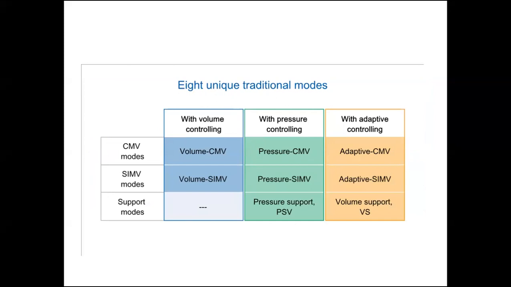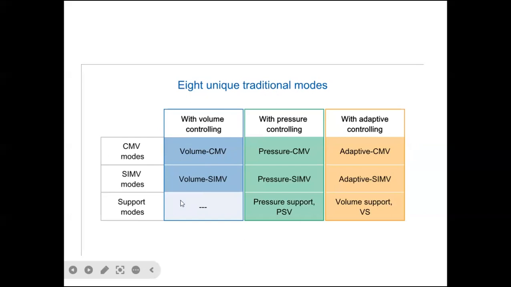Based on this, you label the modes. When you are controlling volume, you put in the CMV mode, it is volume CMV. When you put in SIMV mode, it is volume SIMV. When you control the pressure, it is pressure CMV, pressure SIMV. When you do adaptive controlling, it's adaptive CMV, adaptive SIMV.